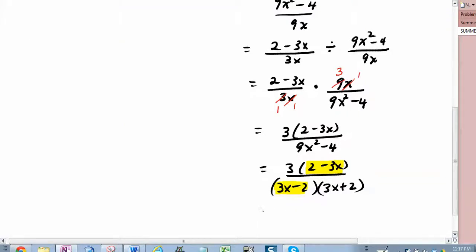For the top, 2 minus 3x, I could recognize, I could factor out a negative sign, and what will that give me? Negative 2 plus 3x. One more step to go.